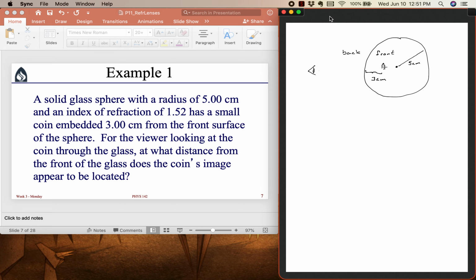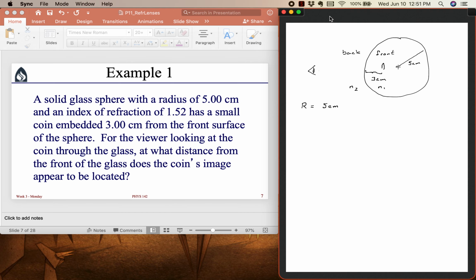Another thing that we know is that light travels from material N1 to N2. So that means inside the glass is N1, or the glass has an index of refraction of N1, and the air is N2. So writing down some of these quantities, first off, we have the radius of curvature. We know the radius of curvature is 5 centimeters.